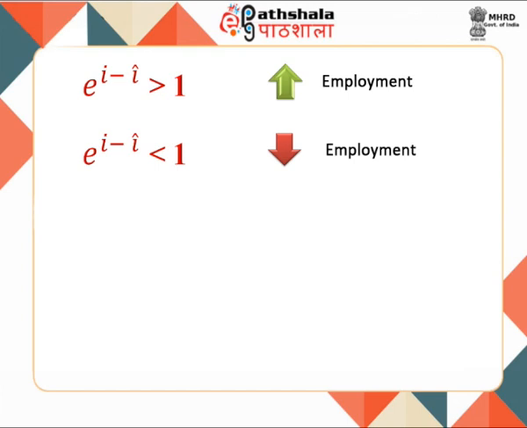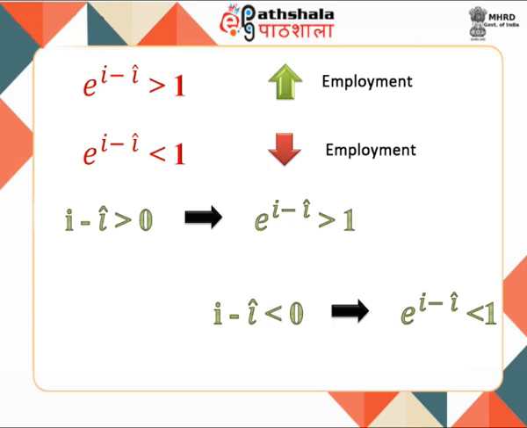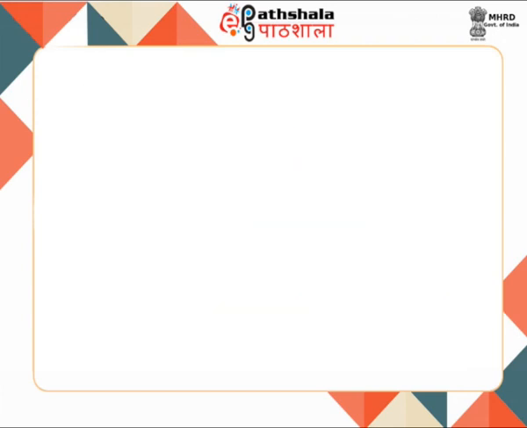So now employment level becomes only the function of I and I cap, since when I minus I cap is greater than 0, then e raised to the power of (I minus I cap) is greater than 1, and when I minus I cap is less than 0, then e raised to the power of (I minus I cap) is less than 1.